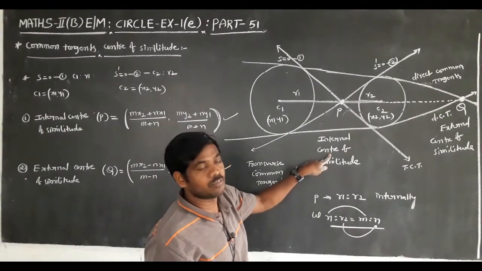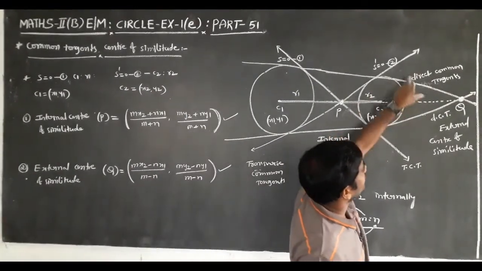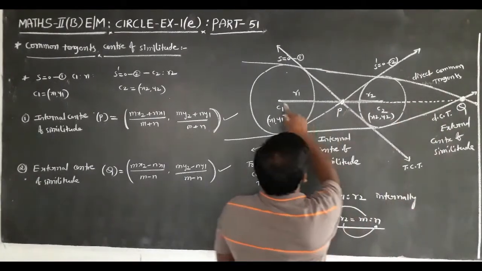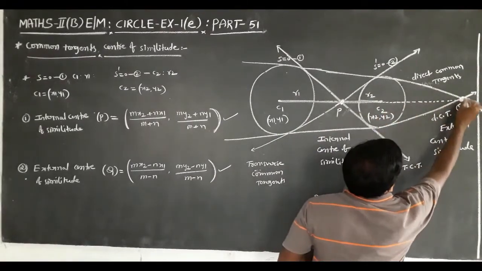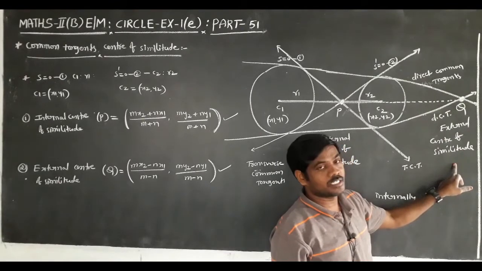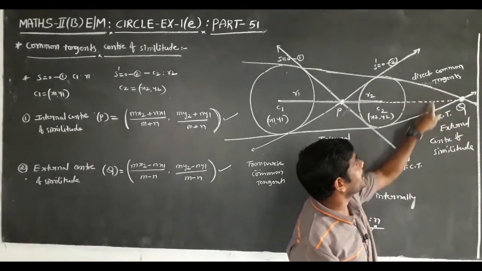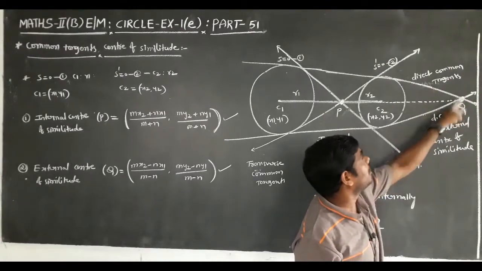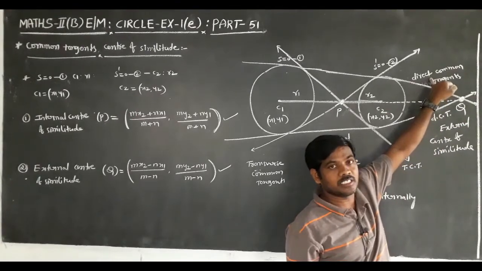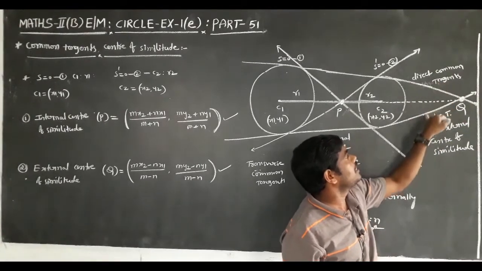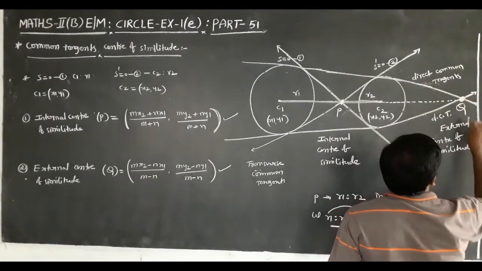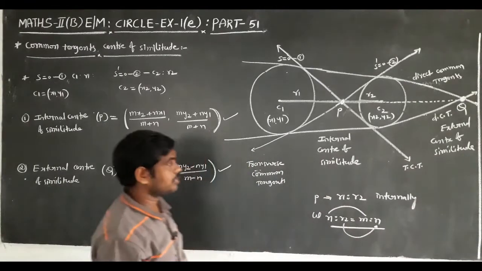One pair of common tangents that intersect the extended line segment C1 C2 is called the direct common tangents. The point of intersection of the direct common tangents is called the external center of similitude.